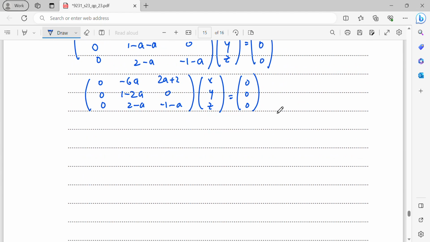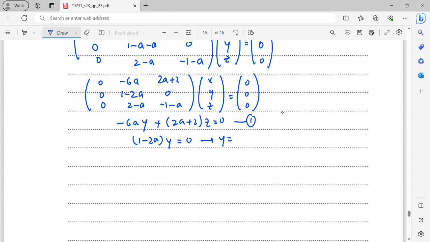And now I have to form three equations. So the first equation from the first row, so it will be minus 6ay plus 2a plus 2z equals to 0. Let this be first equation. Second equation, I will get 1 minus 2a times y. Then the coefficient for z is 0.